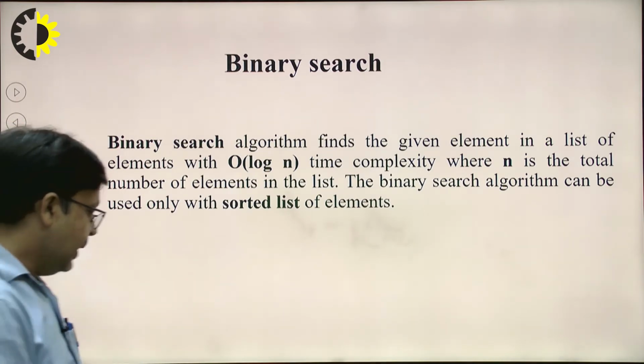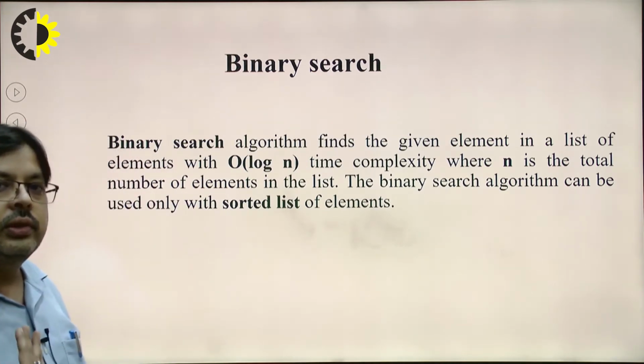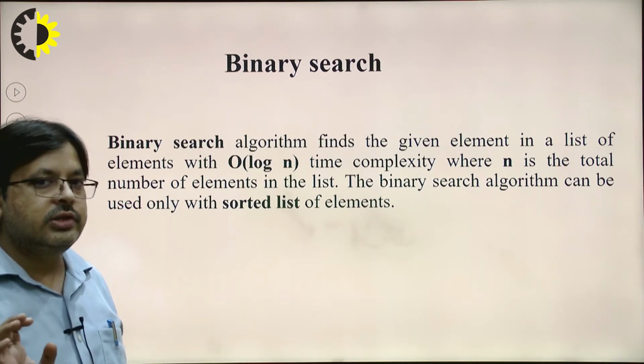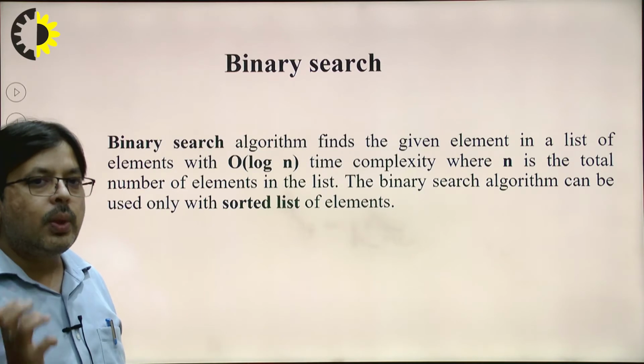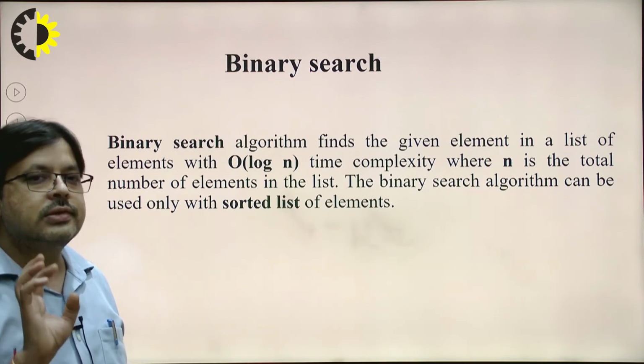Binary search is another procedure where you can find an element in a given list in a similar way. The basic concept of the problem statement is the same, but the approach is different.